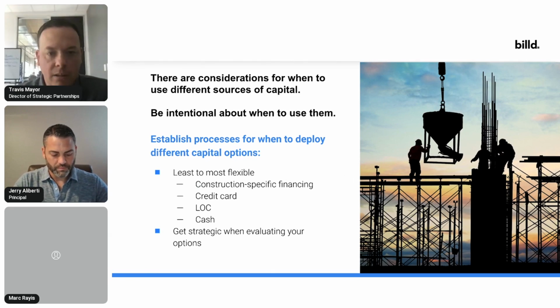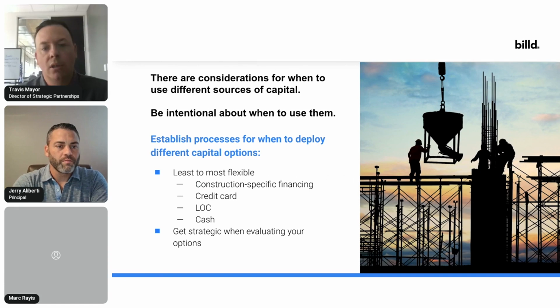Construct a good rule of thumb, and most often it's the opposite, but a good rule of thumb is using your least flexible to most flexible in that order. Most often, you would see folks use their cash and line of credit first, as that is typically the cheapest or perceived most cost-effective option.